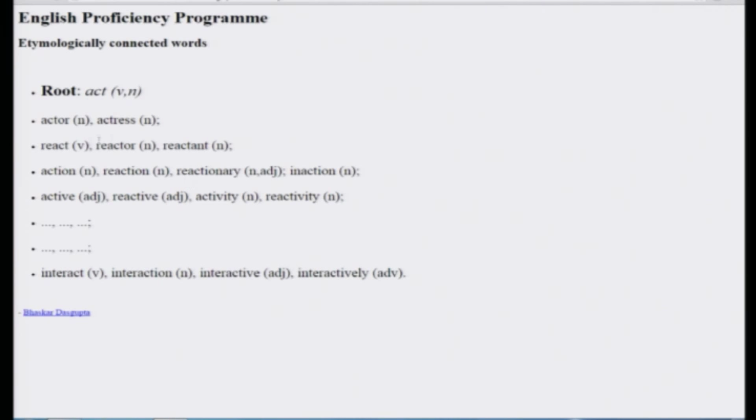This is good enough, but what we insist on is that the parts of speech should be mentioned. Otherwise, we will not be sure whether you have taken that word with full understanding. Now, we want to do a little bit more work on this.